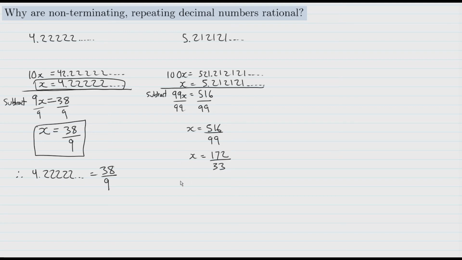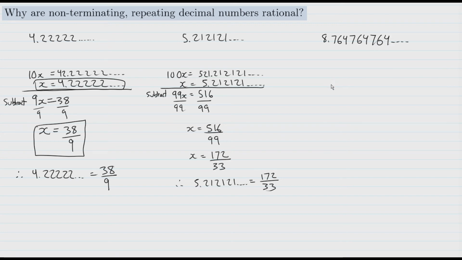So we can say, therefore, 5.212121 repeated is actually just 172 over 33. Therefore, this decimal number is indeed a rational number. And let's just do one more for fun. We'll go with 8.764764 repeated.